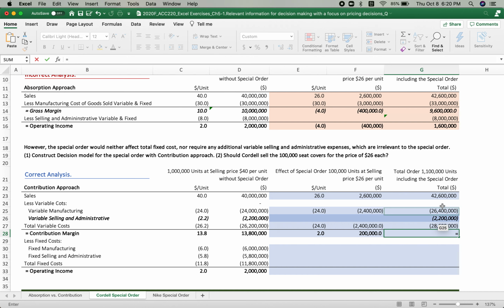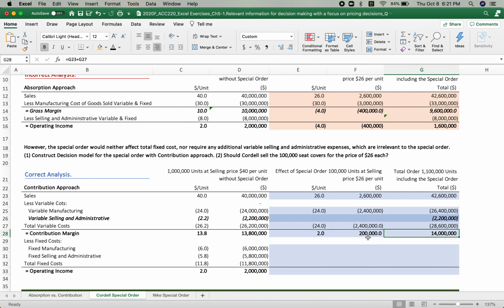So the total contribution margin, including this special order, is now increased to $14 million from 13,800,000.